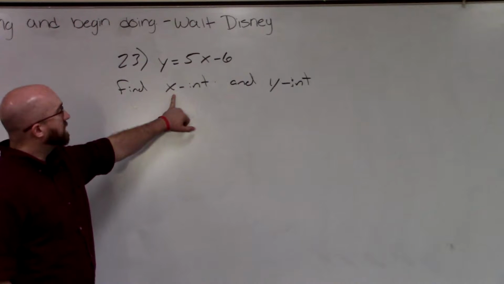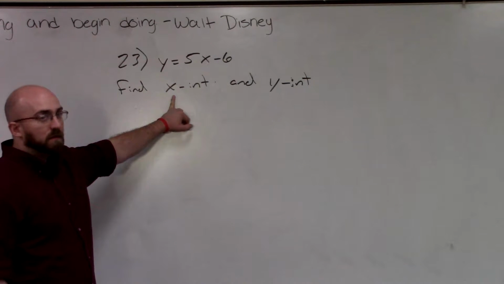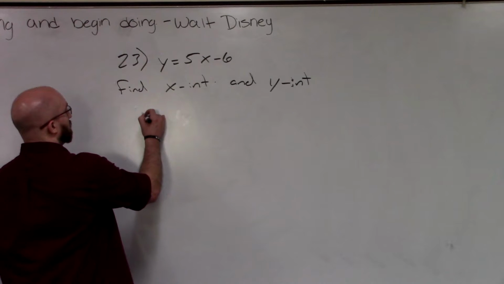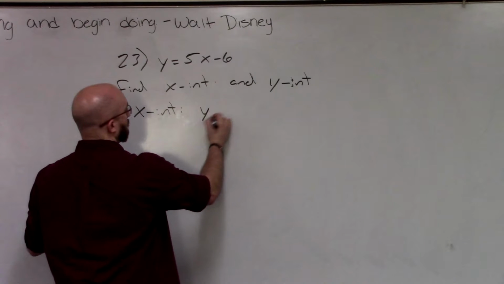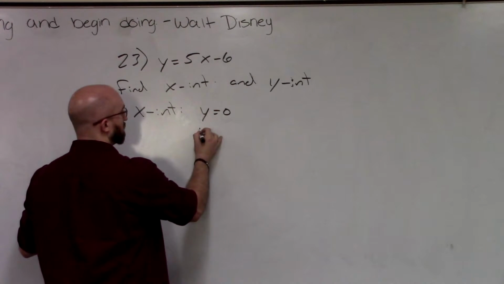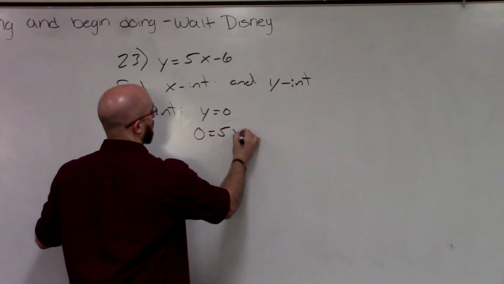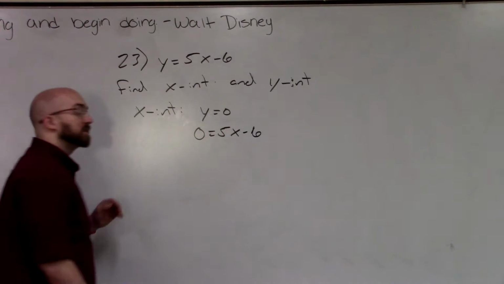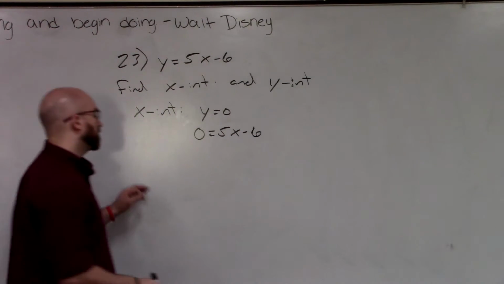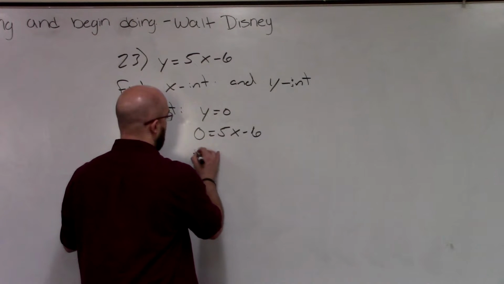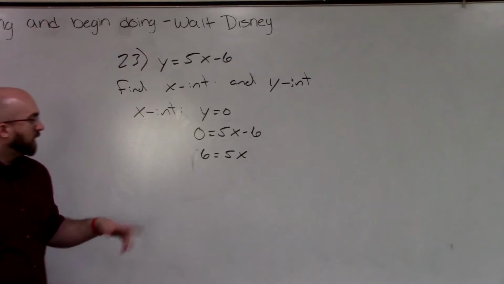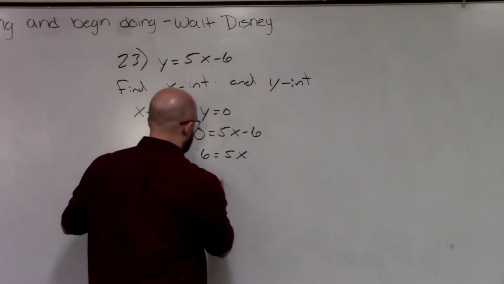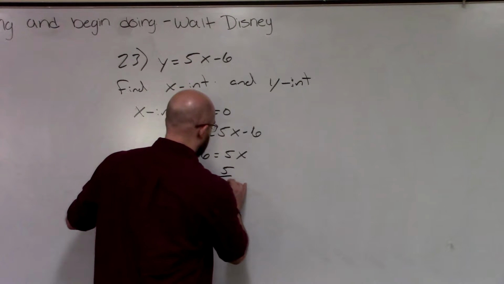If you remember, to find the x-intercept, we set y equal to 0. So we get 0 equals 5x minus 6, and solve for x, or get x by itself. We move the 6 over, add the 6, and then divide by 5, so x equals 6/5.